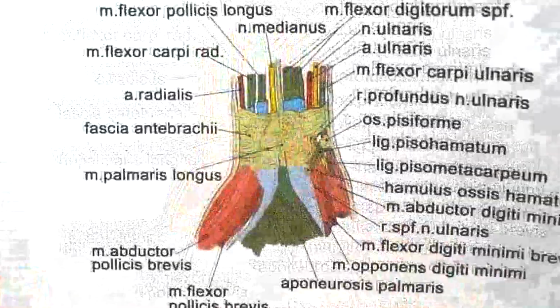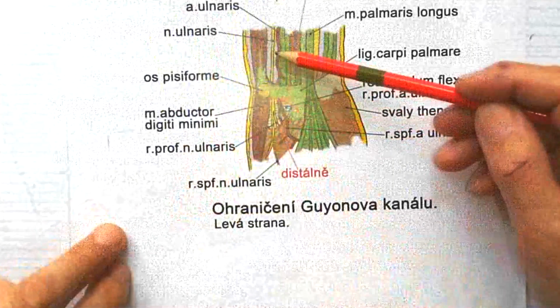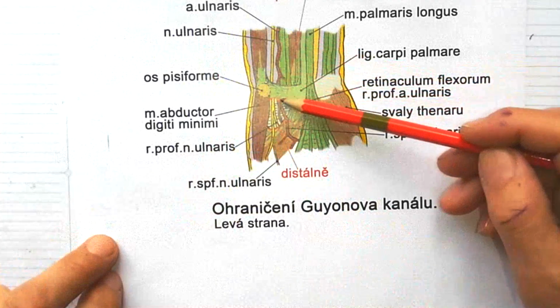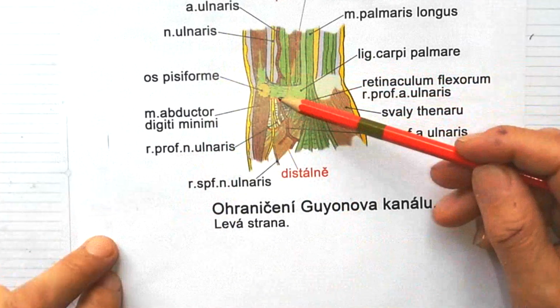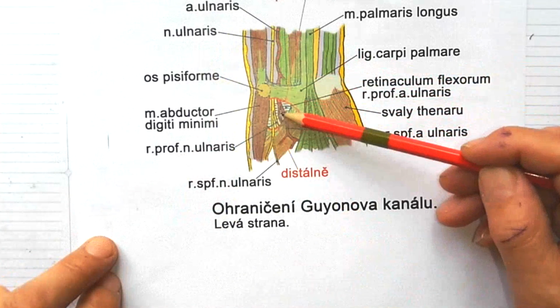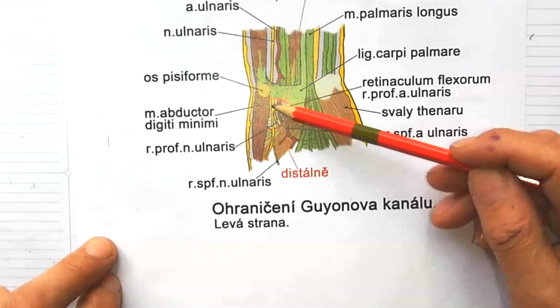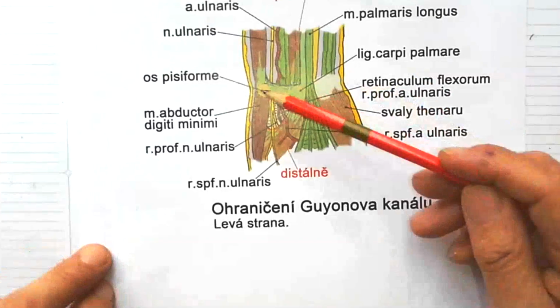In another diagram, it's not bad to see that Guyon's canal. Here we see ulnar nerve, ulnar artery. Here in this Guyon's canal, they divide into the deep branch and superficial branch, not only the nerve but also the artery.